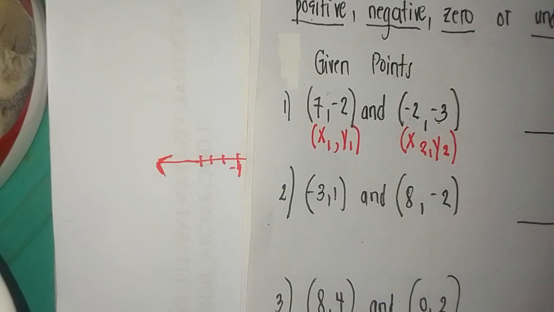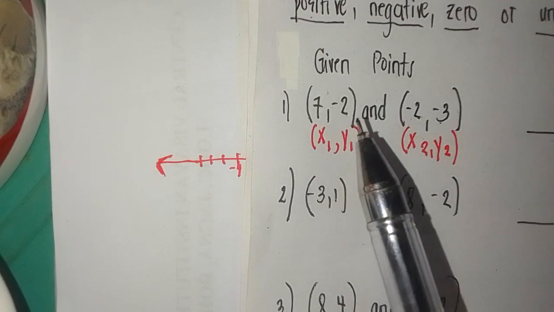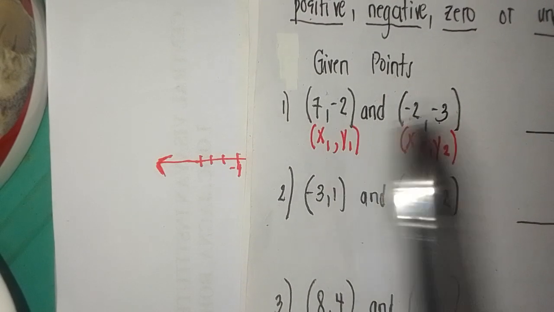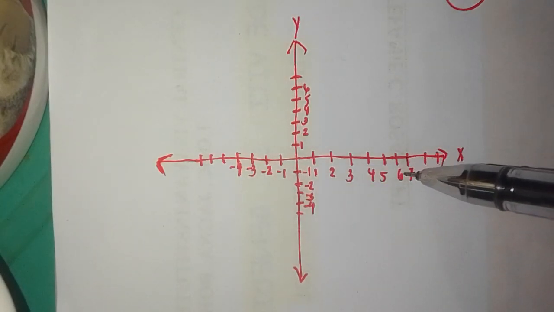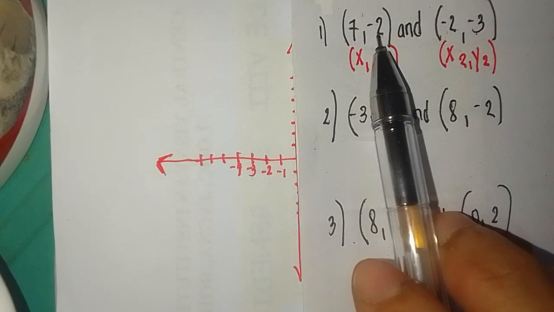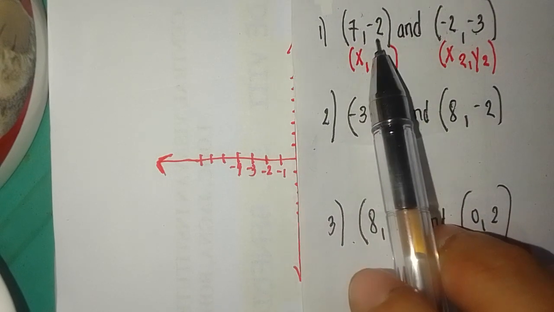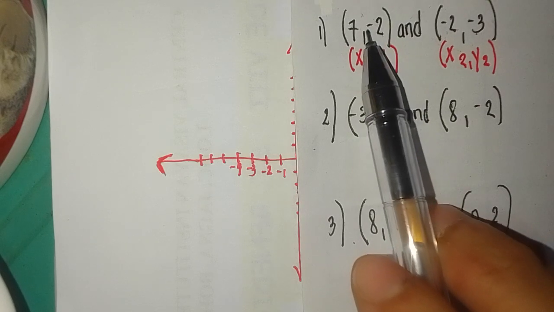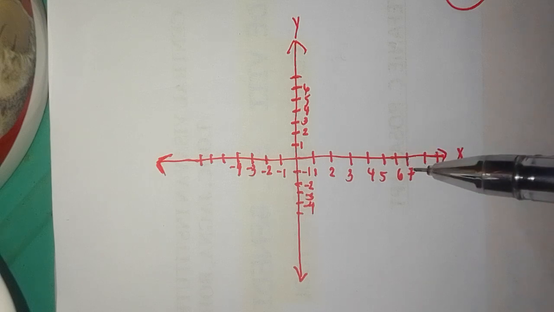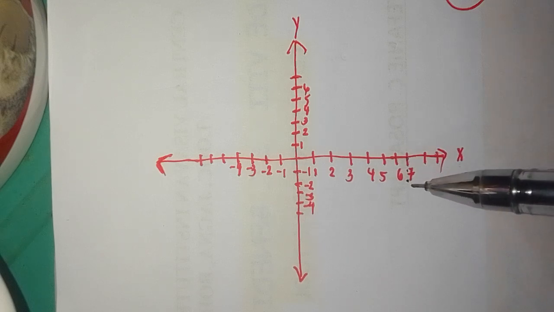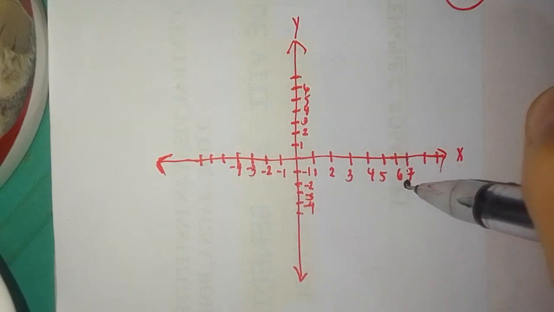When you locate the y-coordinate, you either go upward or downward, depending on its sign. Since our y-coordinate here has a negative sign, we will go downward. How many? Two. Moving 2 units downward because the y-coordinate is -2. So from the x-coordinate 7, 1, 2. Here is our first point.